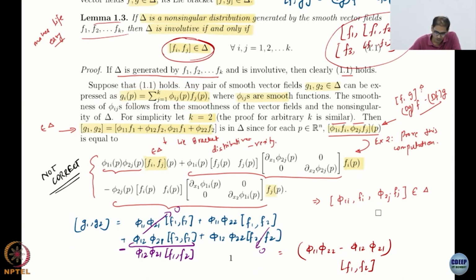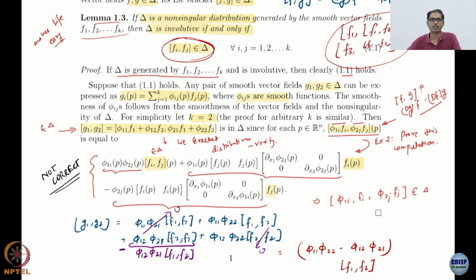I have to think about it more carefully, but I believe you will not be able to write this anymore, because if your distribution is changing rank, the span is changing rank. Now the span definitely has to hold the vector, because we are assuming that gi is in delta. So obviously the span has to hold the vector, but my feeling is you will not be able to do it with smooth functions here.